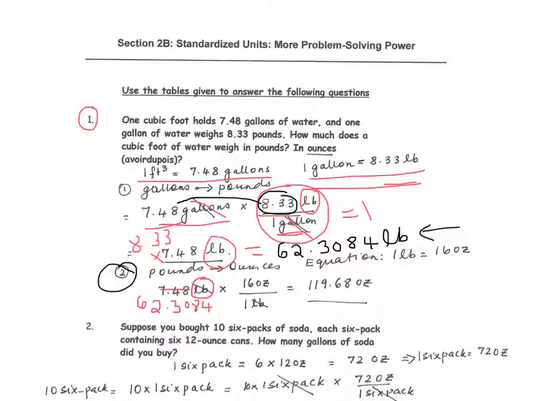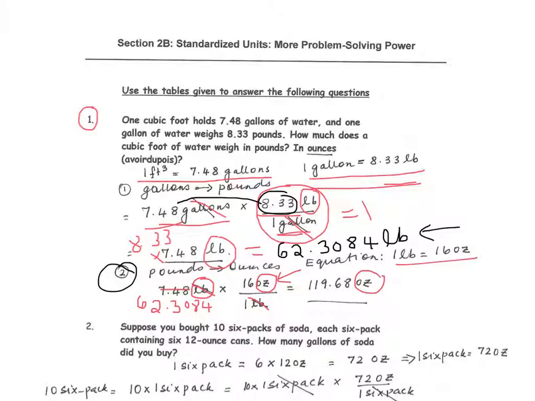We multiply it with 16 ounces over 1 pound, so that cancels the pounds off because 1 pound is 16 ounces. That's what our conversion equation is. And we wanted our answer in ounces, so ounces is in the numerator.